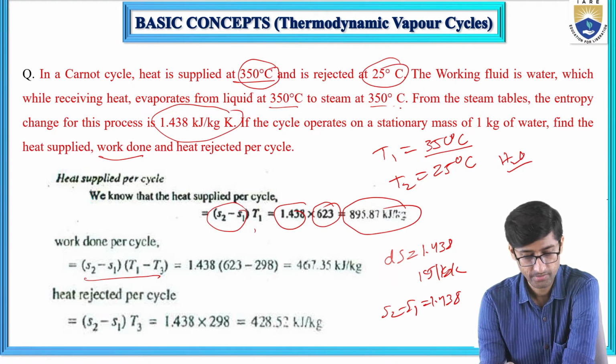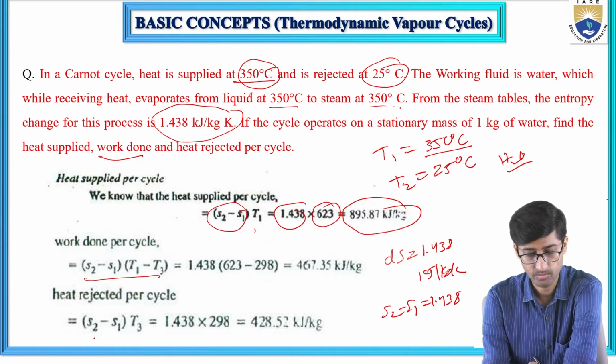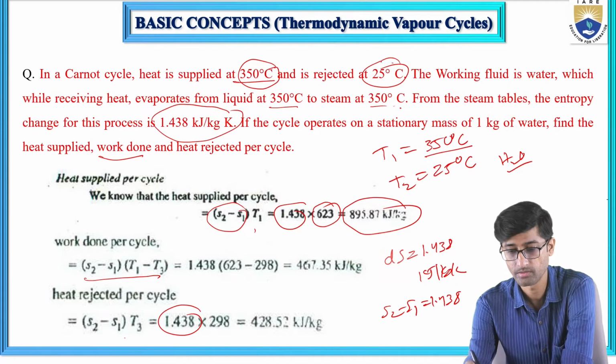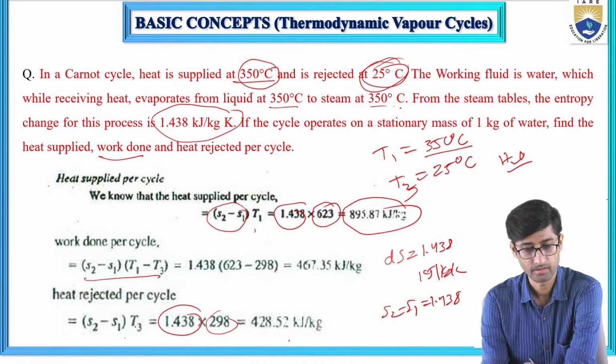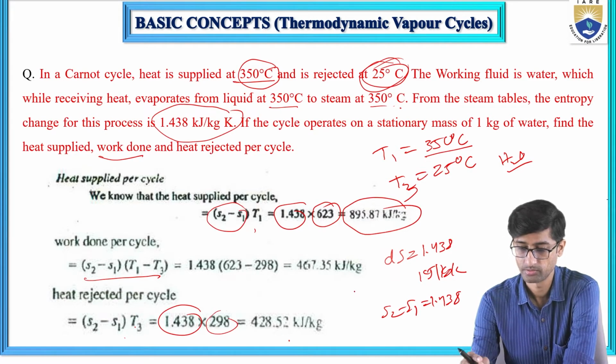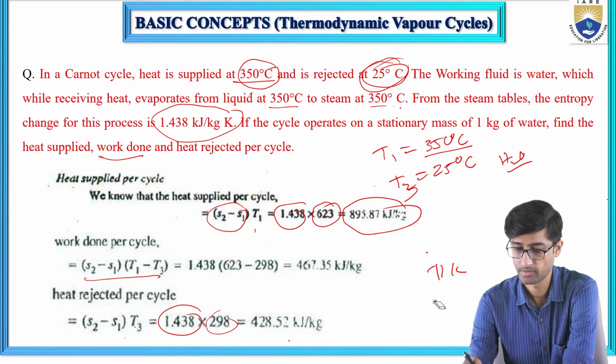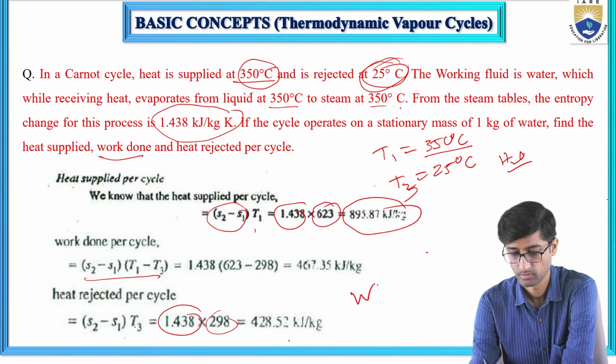Or you can first calculate the heat rejection, then go for the work done. How to calculate heat rejection? (S2 minus S1) into T3. That means this S2 minus S1 is 1.438, and T3 is 25 degrees Celsius. Then convert to Kelvin, so 298 Kelvin. After calculating the heat rejection, the work done is equal to heat absorbed minus heat rejected, right?